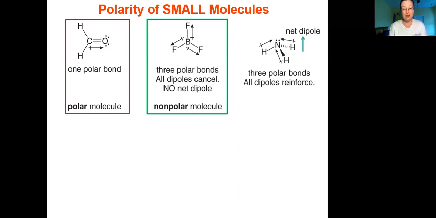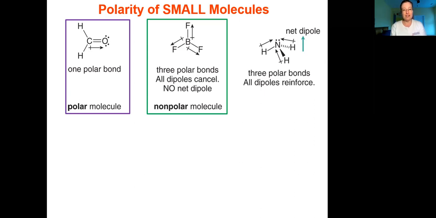This one, the central atom, is not boron or carbon. It has a lone pair of electrons on it. We lose our symmetry. The lone pair of electrons are pushing the hydrogens down. It's taking up a spot. It's not going to balance itself out. It's not symmetrical anymore.